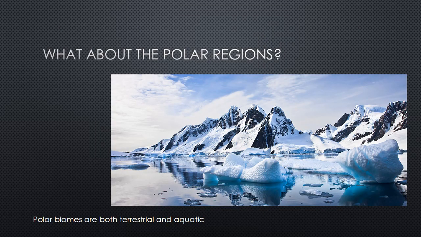So what about the polar regions? The polar regions really haven't been named as a biome, typically because there's not plant life there to really name it for. And the polar regions, those biomes are both terrestrial and aquatic.